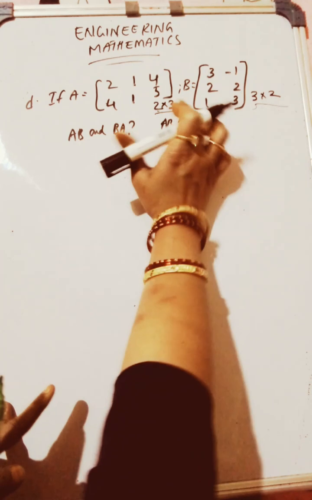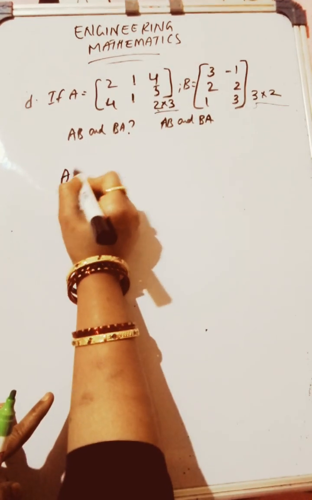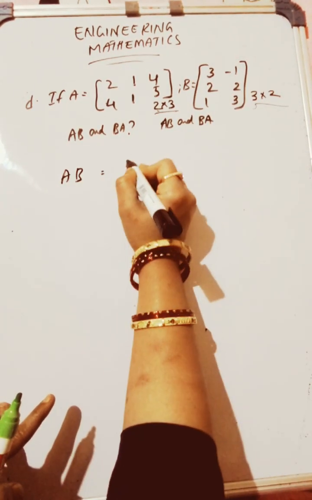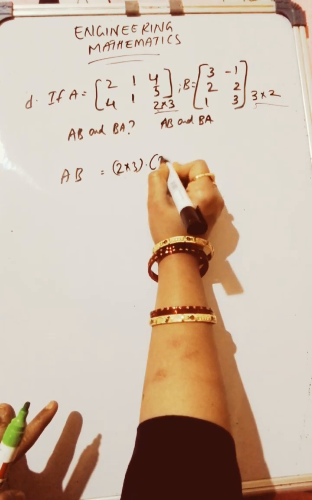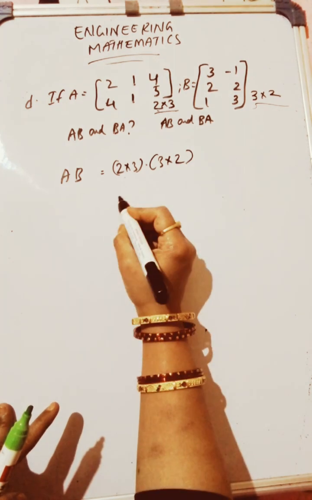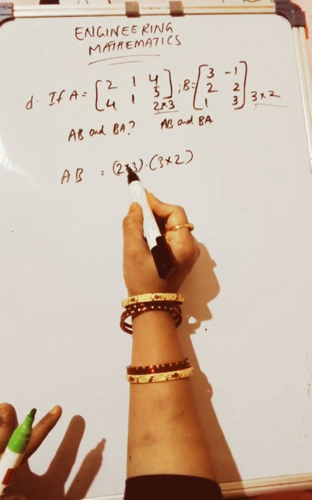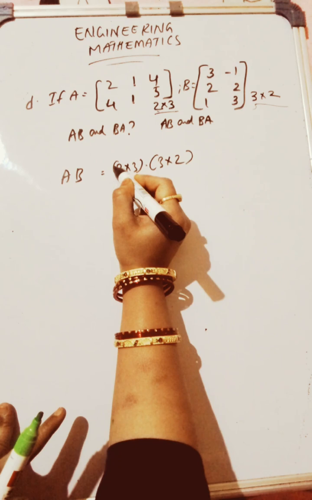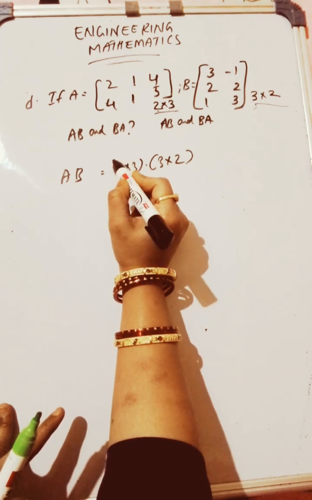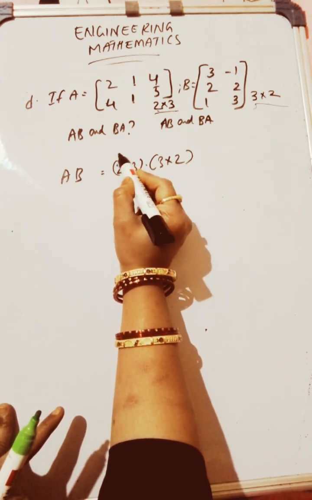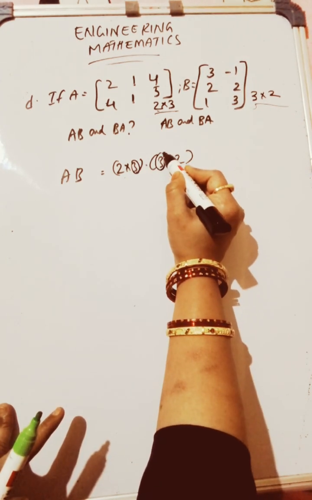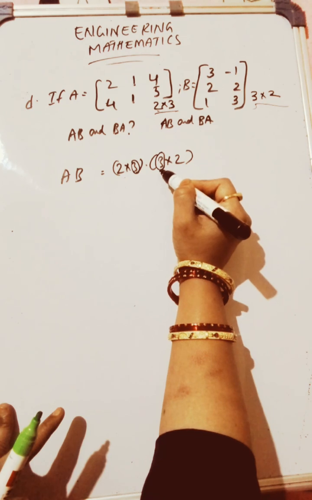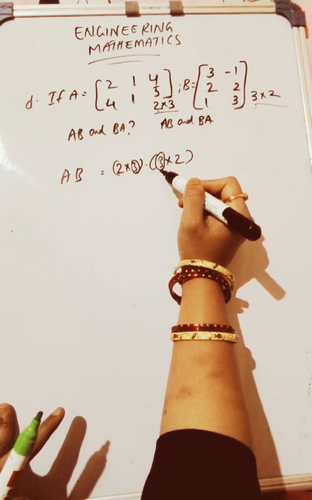We have to write that. Matrix A is a 2 by 3 matrix and it is multiplied by a 3 by 2 matrix. The number of columns of matrix A is 3, and the number of rows of matrix B is also 3.